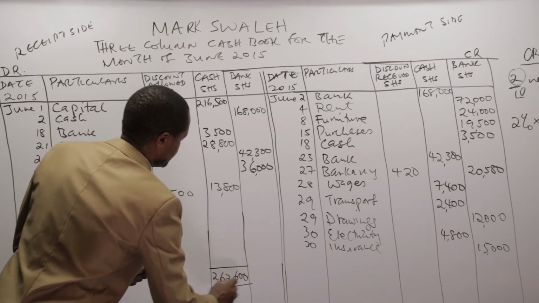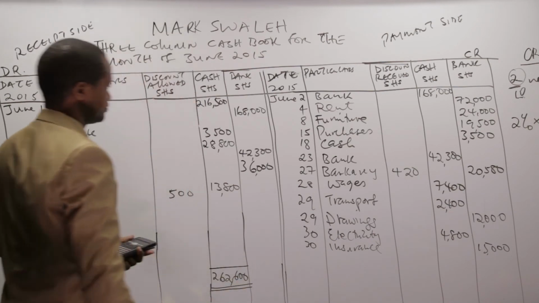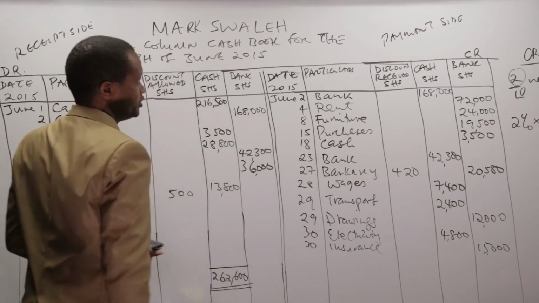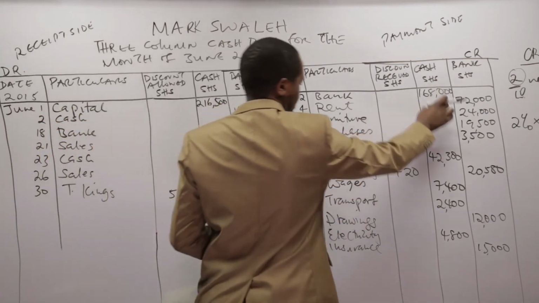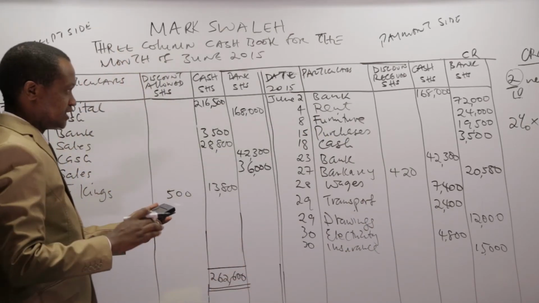That is the total receipts for this month. This is all the money that was received. Then we deduct all the money that was paid. The difference will give us a balance at the end.